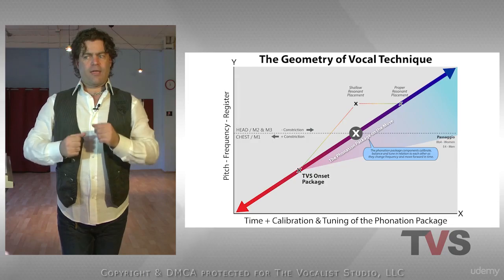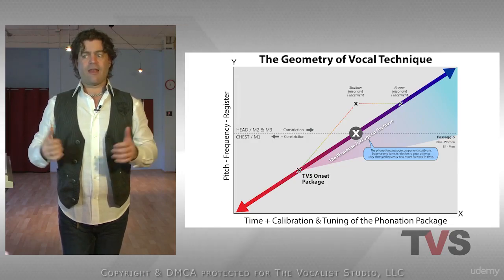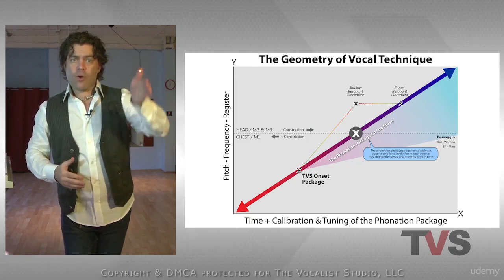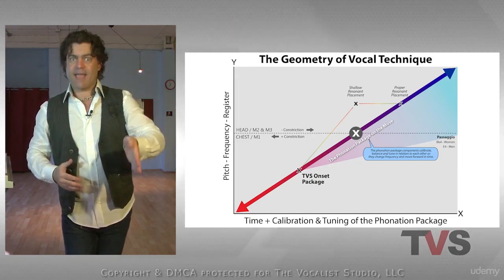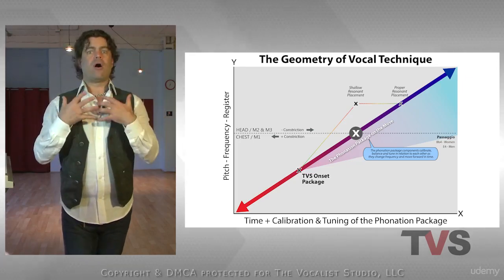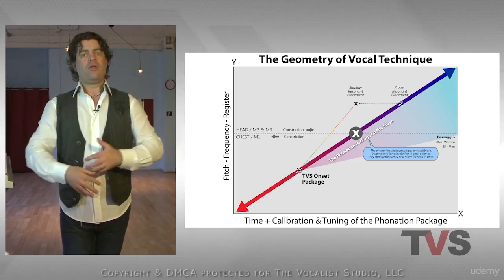You choke or get constricted. All kinds of things can happen. So this intercept graph is just telling us that as we sing and train and we move the voice through the constant and the chaotic nature of frequency, it's up to us to train and practice to keep the voice balanced, calibrated, and tuned.